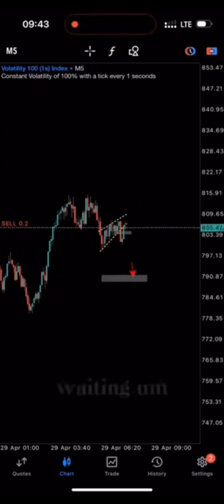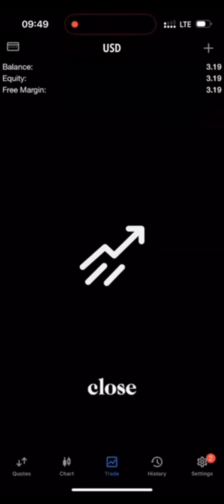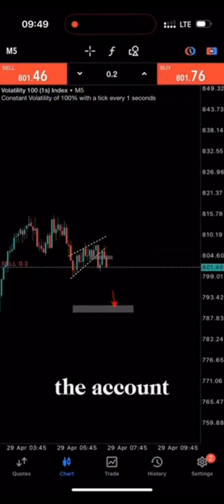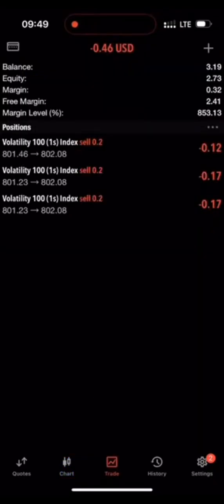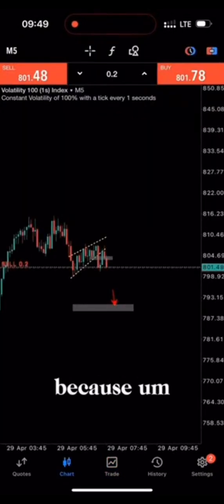After waiting, I've actually made profit. I added a position and made profit, and then I quickly closed. After closing, the account is being built. So now I can put more sells because I think the next stage is for it to go down.